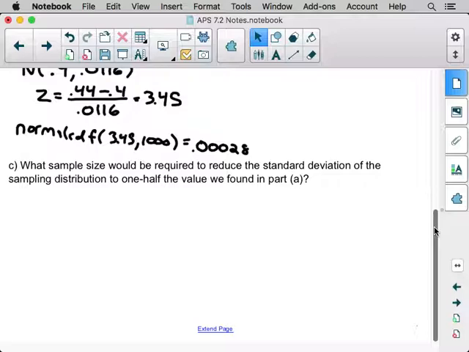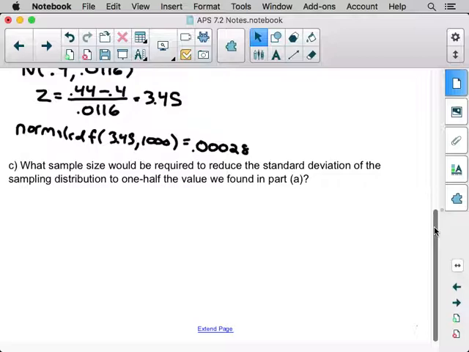Now, we can find the very specific amount here. We're trying to reduce it by 1/2. But remember, because of the square root in the standard deviation formula, doubling sample size doesn't reduce standard deviation by 2. Increasing it by 9-fold only divided standard deviation by 3.